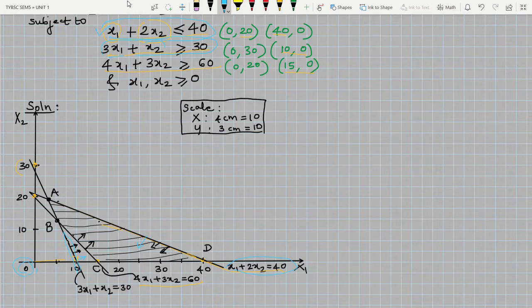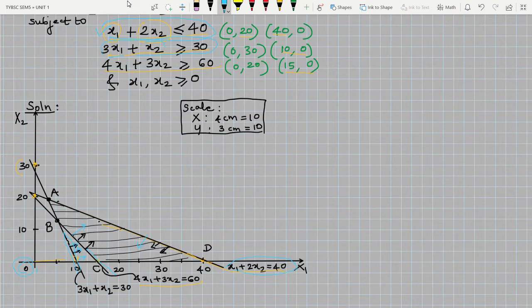In a similar manner, the third inequality is also greater than or equal to type, and therefore for the third line also, the arrow would come in the upper direction, that is the right-hand side direction. So the moment you draw the line, decide the region. Then go to the next line, draw it, decide the region. Then the third line, draw it and decide the region. In this way, all the three inequalities are represented graphically.